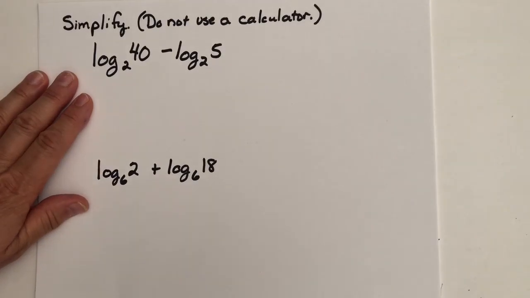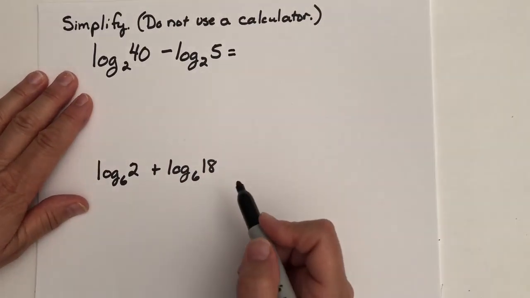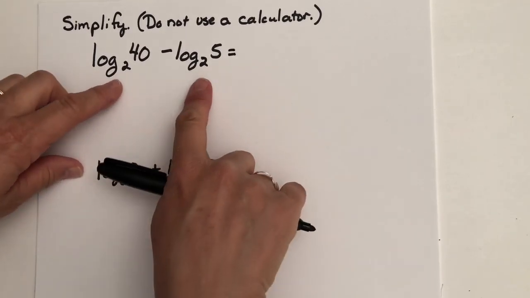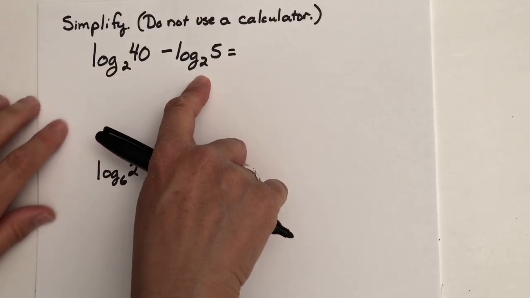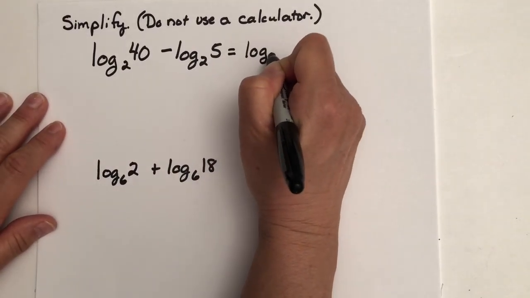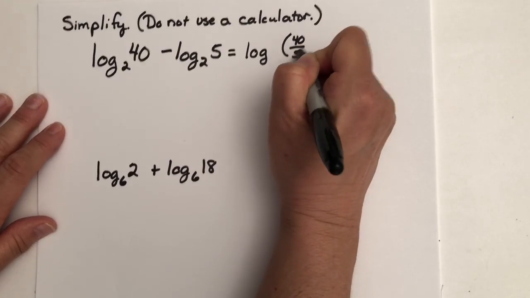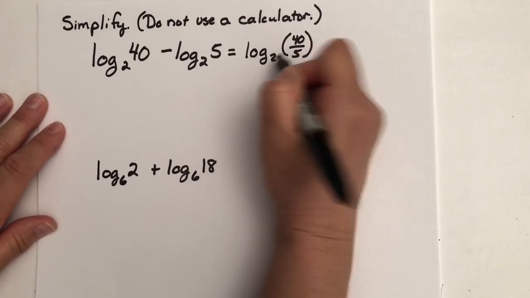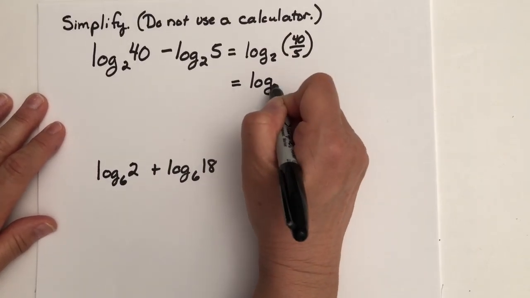I don't know the answer to that. But I do know I can use my property of the logs that says the difference of the logs is the log of their quotient. So I know that's the log of 40 over 5, keeping the base the same. But 40 over 5 is just 8.